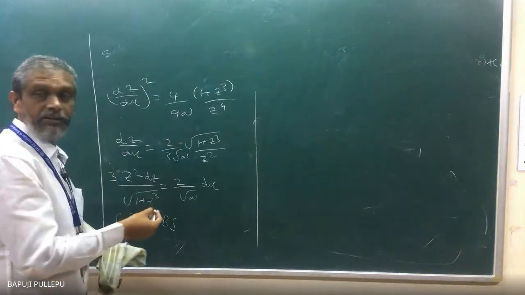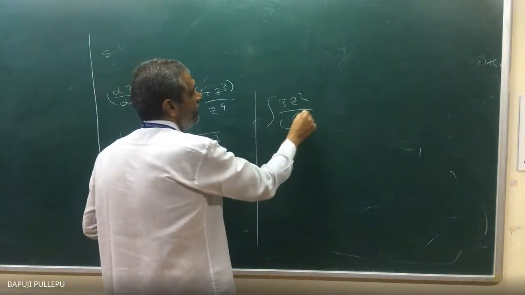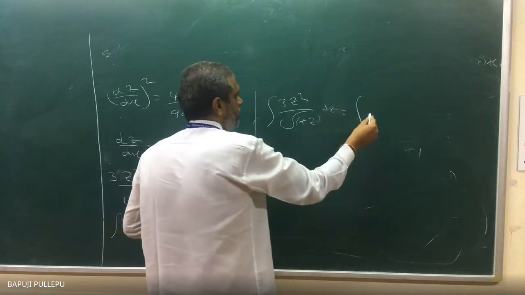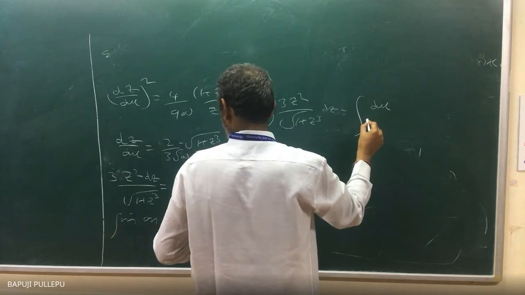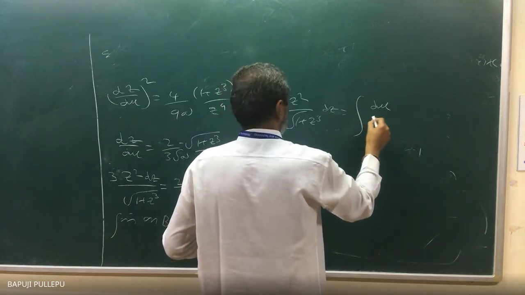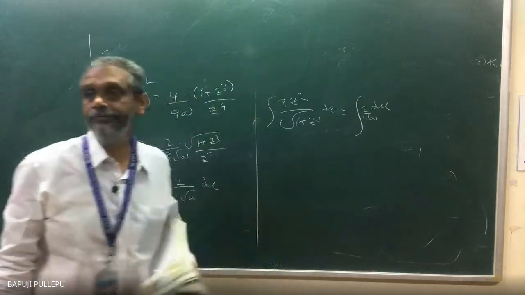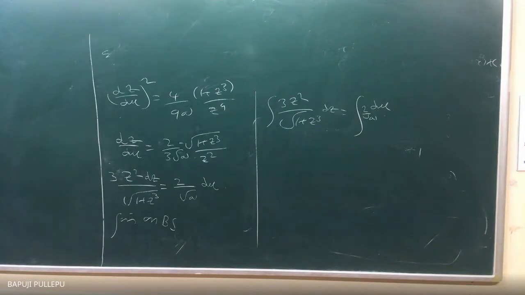Now integrating on both sides, what I will get? Integral of 3z square root of 1 plus z cube dz is equal to integral of du by 2 root u. Correct? Now this is what? F dash x by root of f of x.